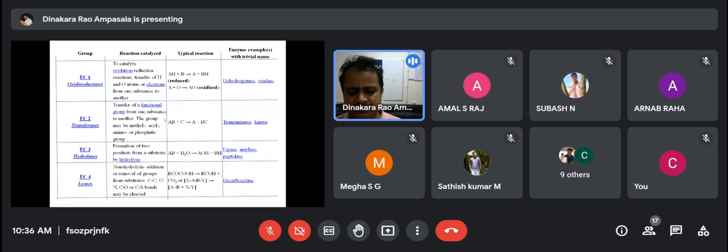In these reactions, functional groups or molecules are transferred from one substrate to another. These reactions are grouped in this second type, transferases.